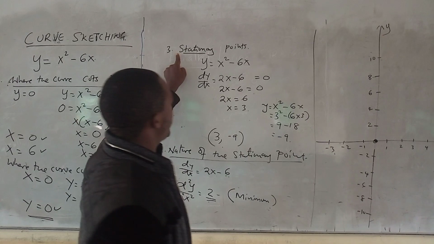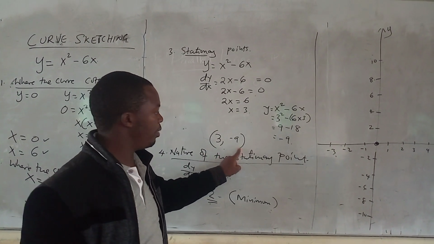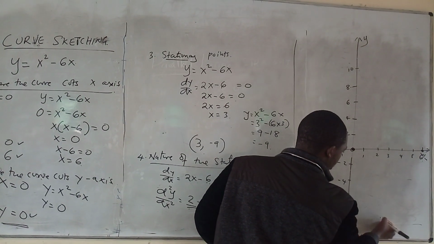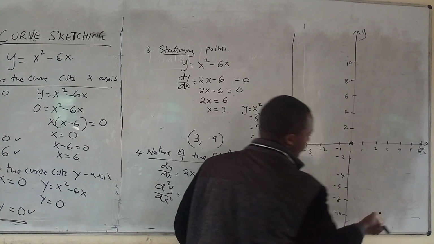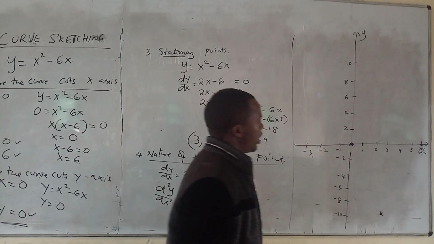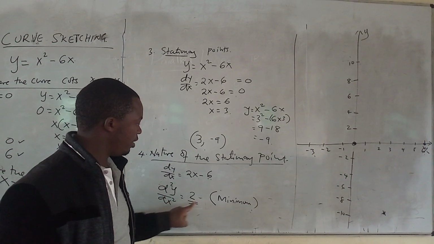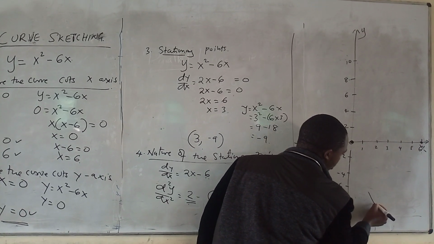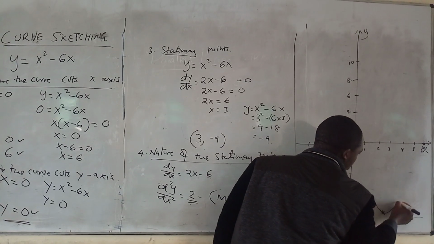So the next is the stationary point. You can see the coordinate for the stationary point is (3, -9). So it should be around here. This is the stationary point. And then I want to know the nature of the stationary point. It's a minimum. So I know that now my curve will be forming a minimum at this stationary point, like this.